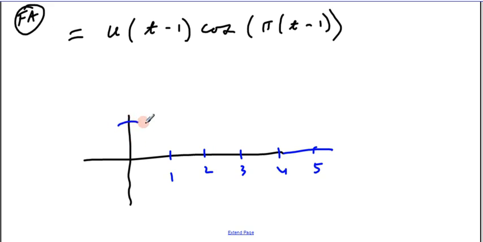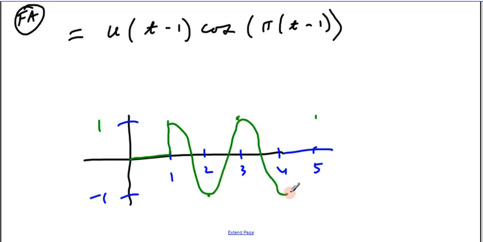We're going to go up to 1, we're going to go down to minus 1, and we're at 0, we go up to 1, and this guy won't stop, so he keeps on going. And so he's a cosine function starting at 1 is what he basically is. Okay, so that was number 6.